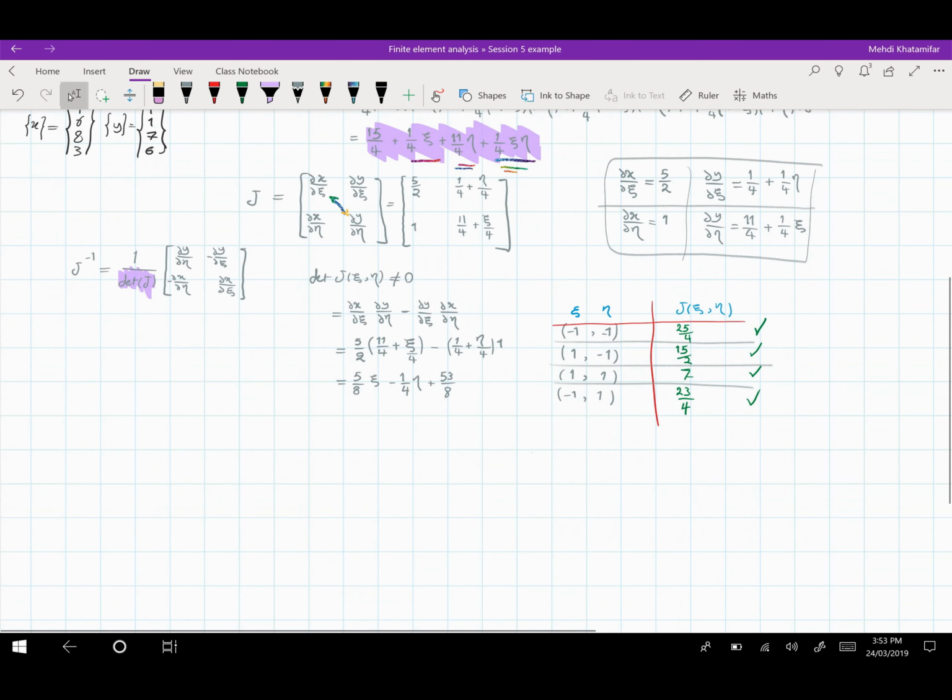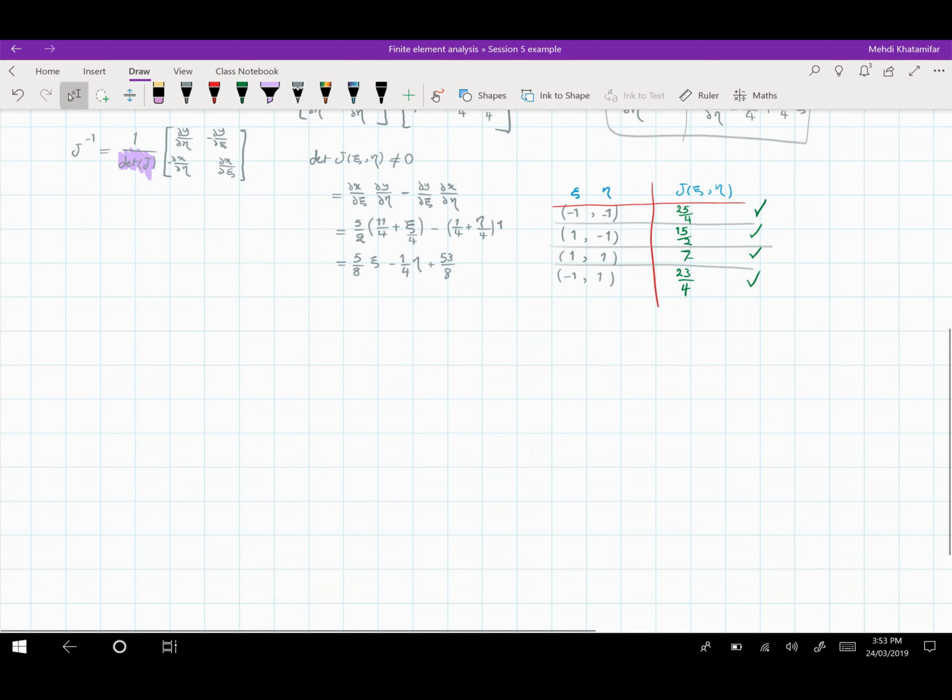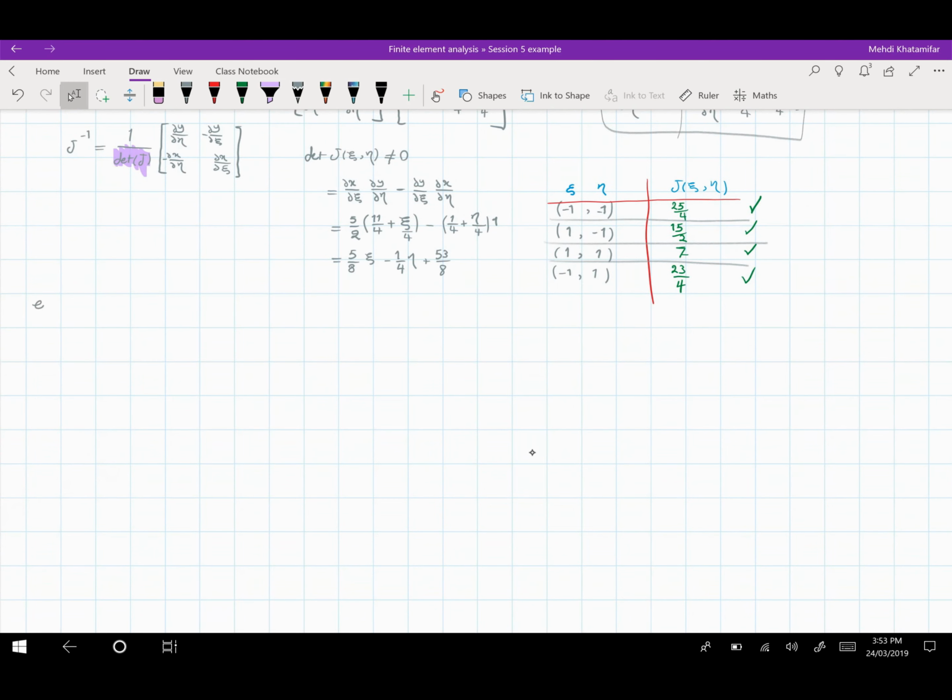So let me write the element center is going to be 0 and 0 in local coordinates.